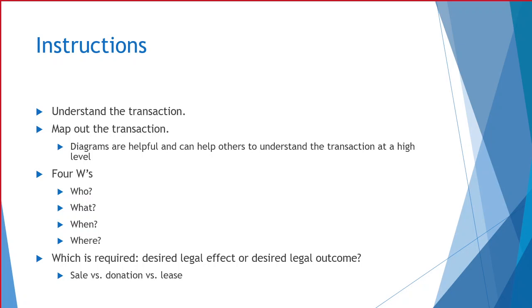All of these considerations need to be brought in mind by a practitioner, and hence why I tend to say knowing a little bit about a lot actually helps greatly, because then you are aware that, wait, you can actually sell property in installments over 5 years instead of immediately in the traditional OTP, if you will. So bear that in mind, because the desired legal effect and the desired legal outcome are 2 different things.